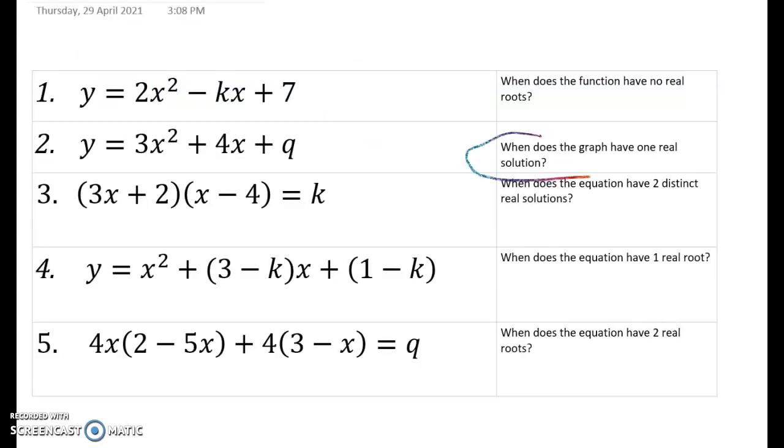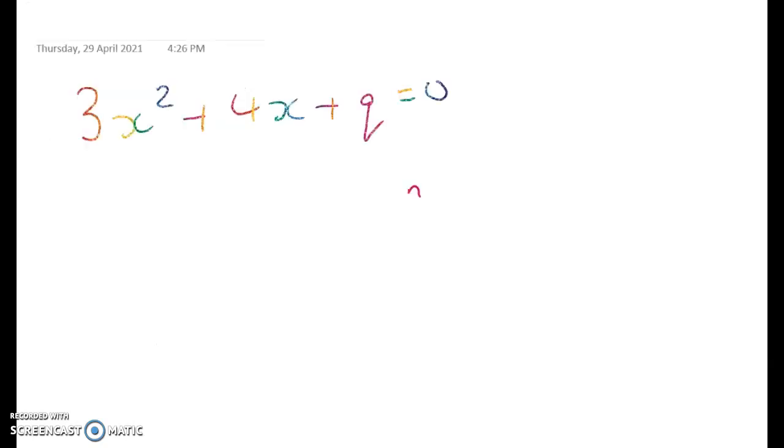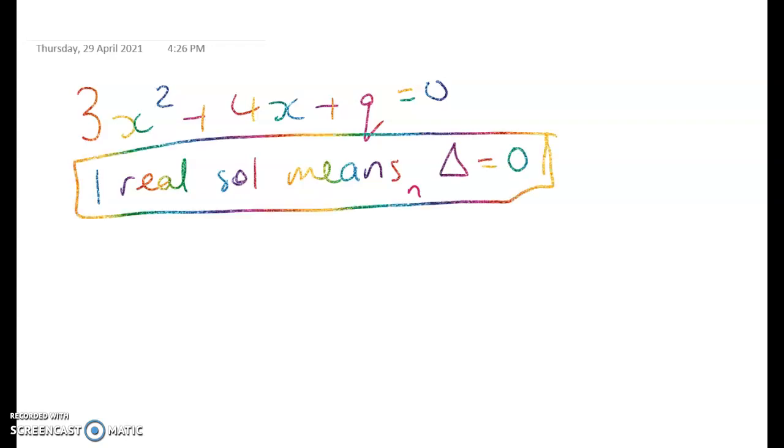So question 2 goes like this. We've got 3x squared plus 4x plus q equals 0, and we want to know when this graph has one real solution. So one real solution means the discriminant has to be equal to 0. Right, you must write some reasoning for what you're doing with the discriminant.